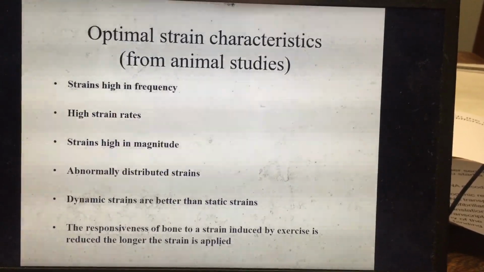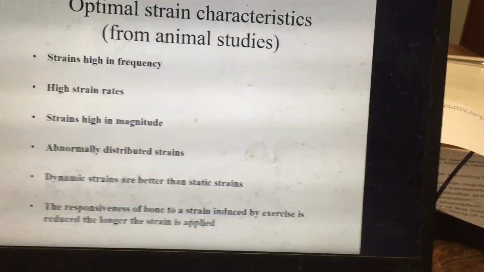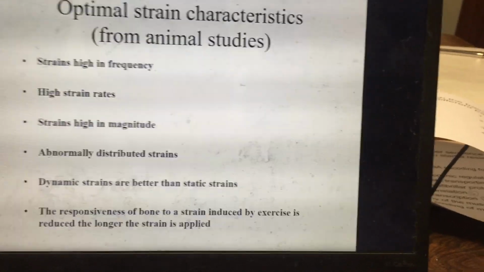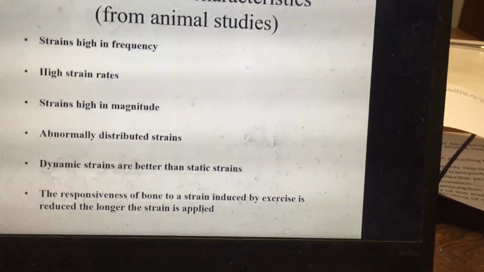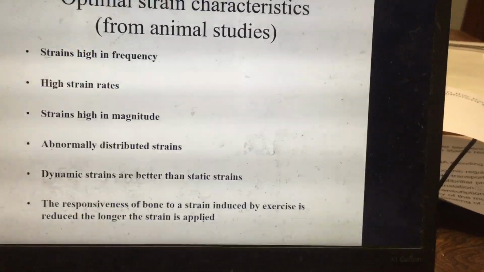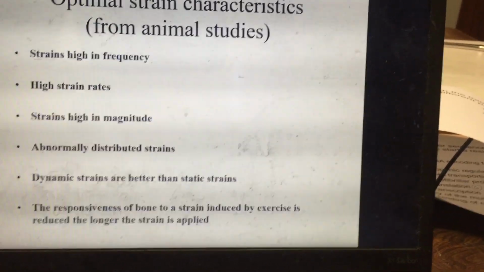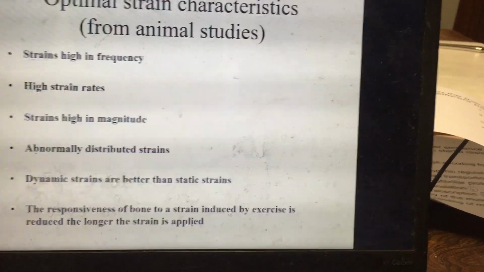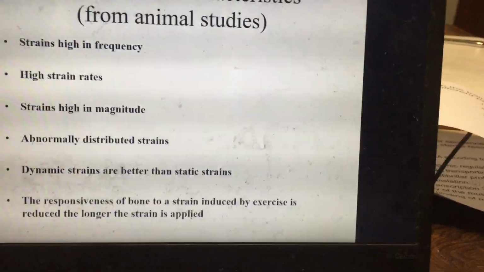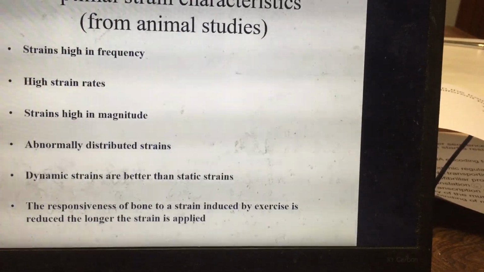Strains that are high in frequency, applied rapidly over time. High strain rates means that you're applying a high load very fast. Strains high in magnitude, abnormally distributed strains, so something that you're not really used to, will induce more bone formation.